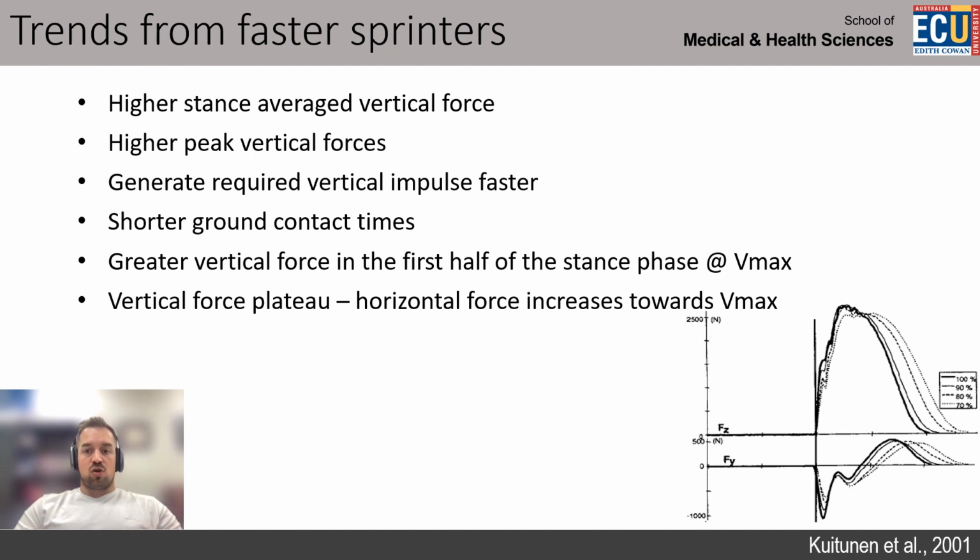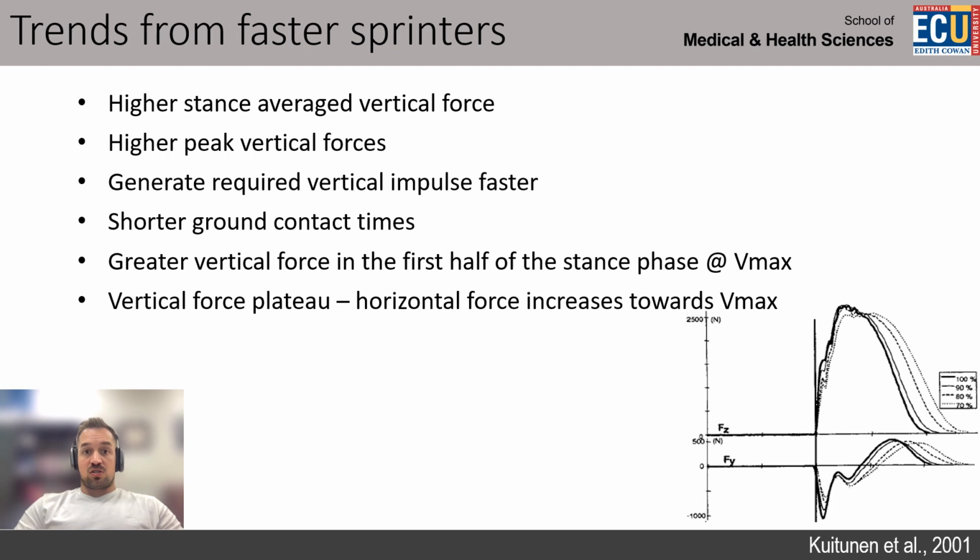This just describes what the limiting capacities are. When you get to about 70 or 80% of your max velocities, your vertical forces cannot go up anymore, purely because contact time is continuing to shrink, because you're going faster and faster, and you don't have the capacity to access vertical forces any faster.